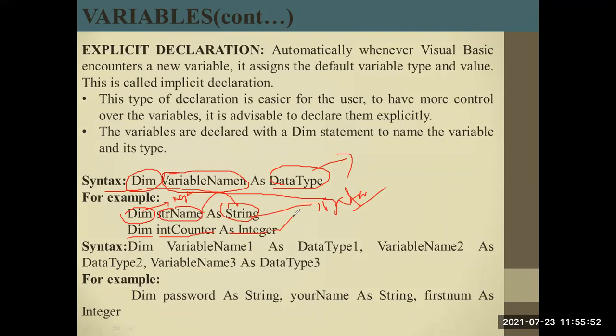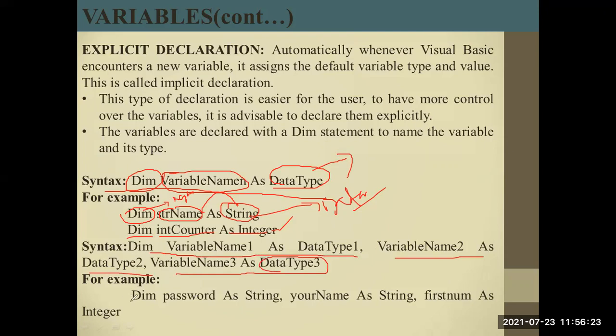Similarly, you can declare multiple variables in a single line statement also. For example, you can see here multiple variables are declared. This is variable 1 declared as data type 1, variable 2 declared as data type 2, and variable 3 declared as data type 3.